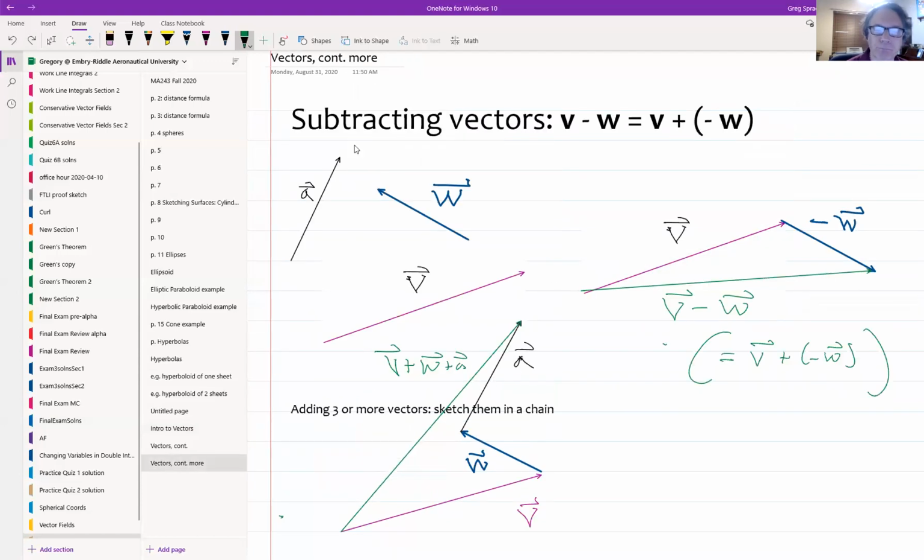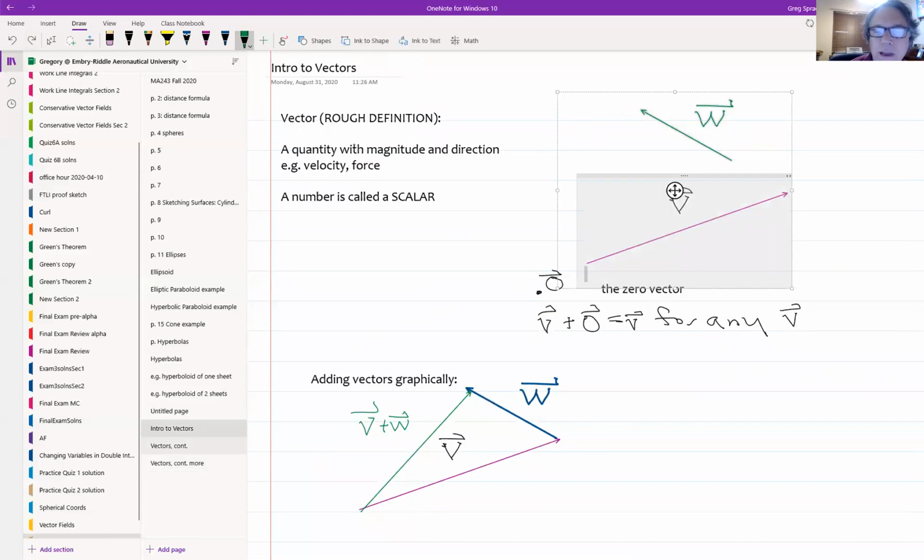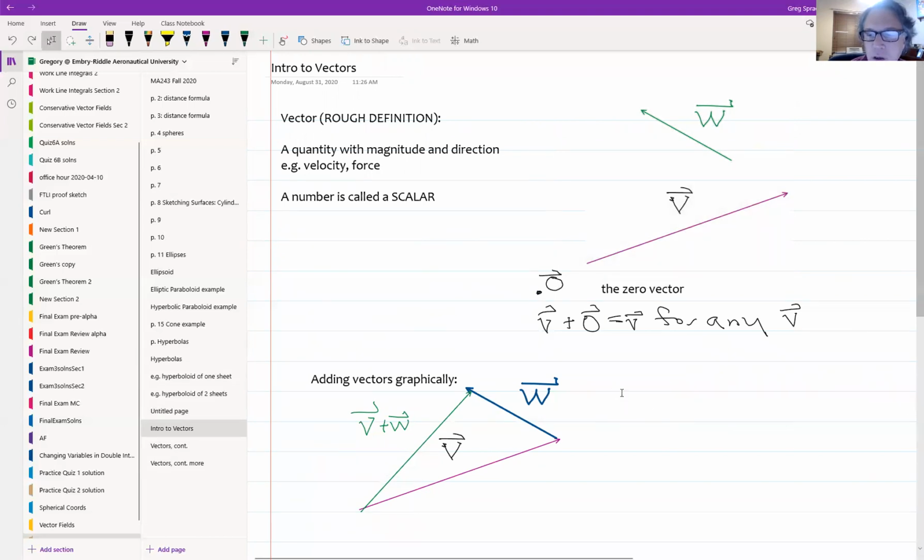All right. So far we've added and subtracted vectors and multiplied them by scalars. Something that's worth thinking about, I should have mentioned a few pages ago, is the triangle inequality.